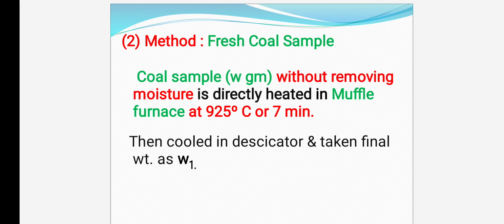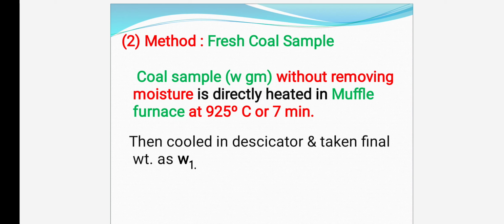In this case we heat that coal sample directly in the muffle furnace, without removing moisture, at 925 degrees Celsius for 7 minutes. That means you simply skip the first step, removing of moisture, and directly heat in the muffle furnace. So what will happen if you directly heat in the muffle furnace?